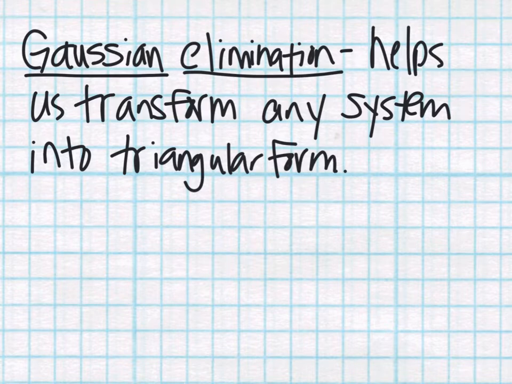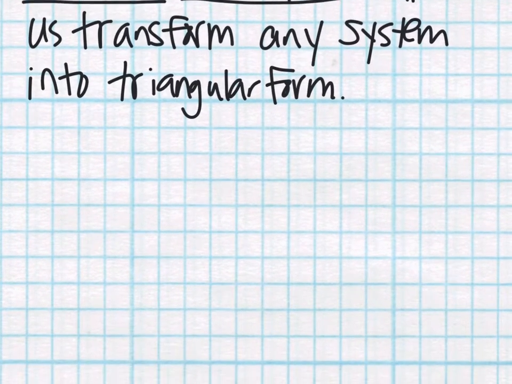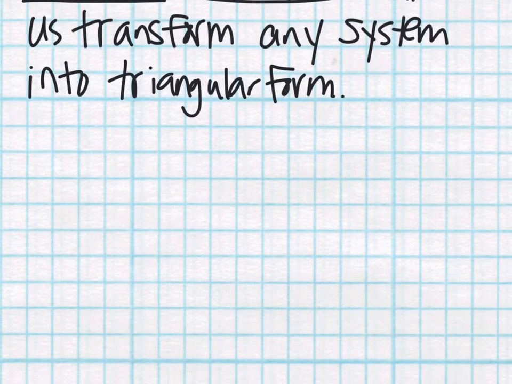There are some operations that we can do. Any of these operations will produce an equivalent system of linear equations, and all we're really trying to do with Gaussian elimination is produce an equivalent system that's in triangular form.